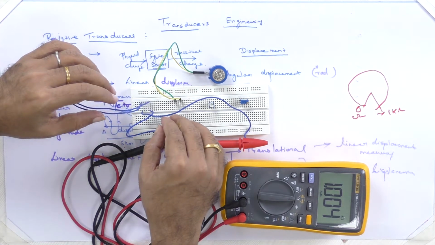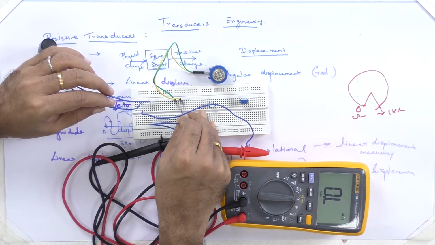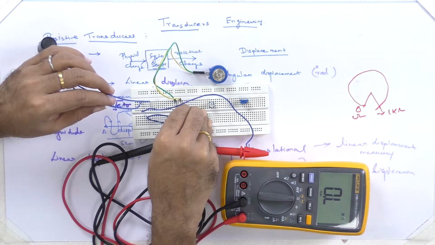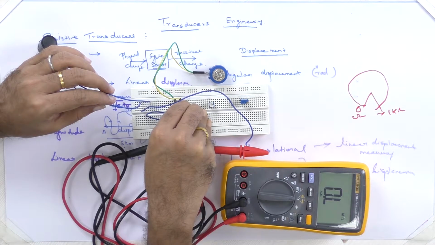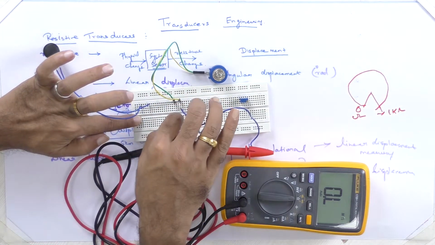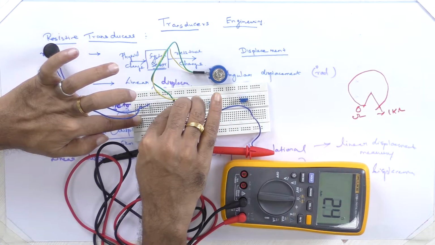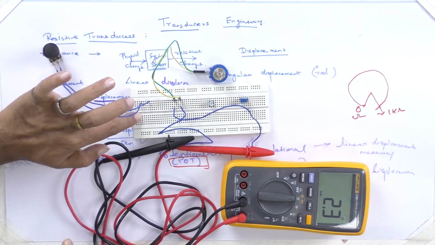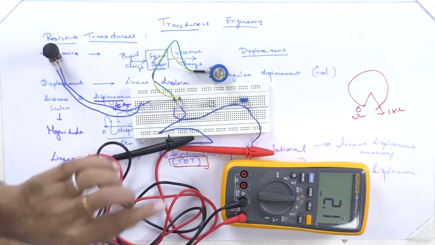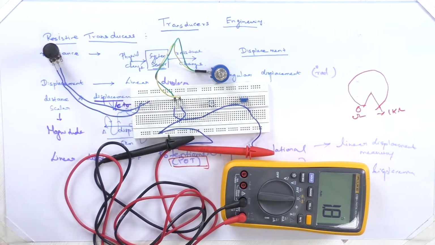Next comes our multi-turn or helical potentiometers, which we use for very precise measurements, and this is also 1 kilo ohm. See here, it's at its minimal end.